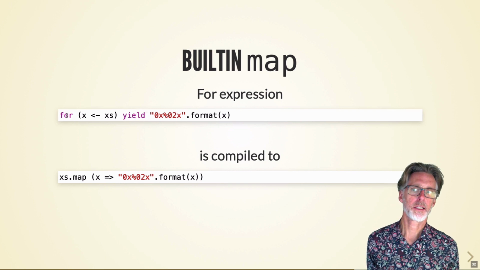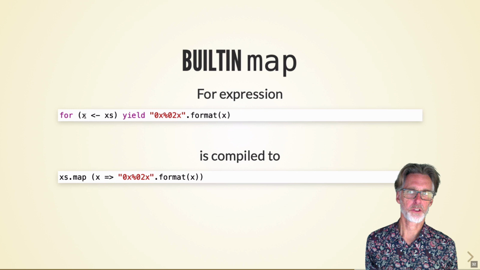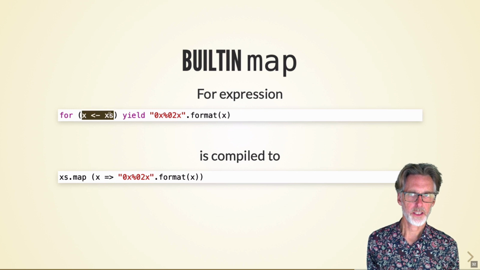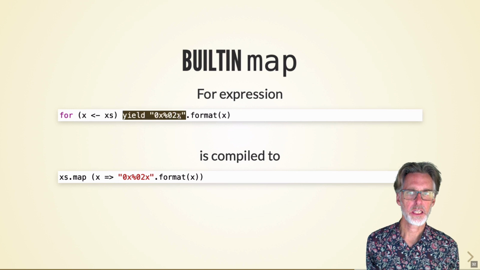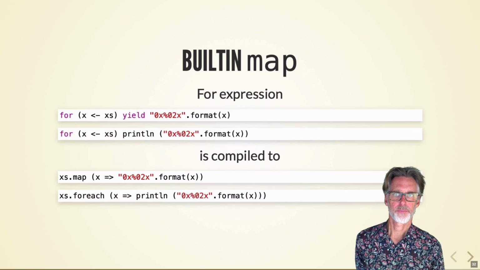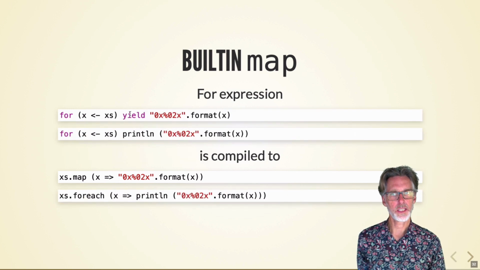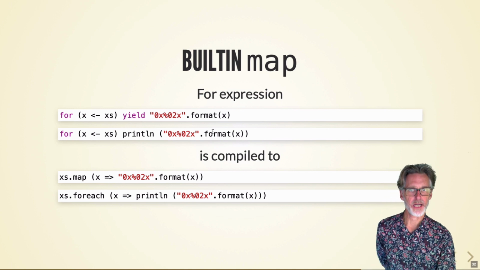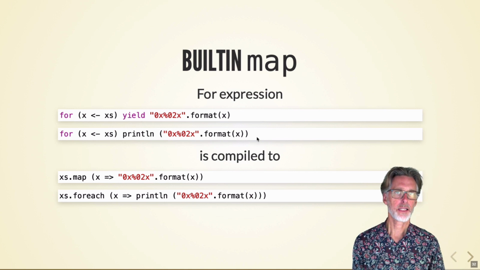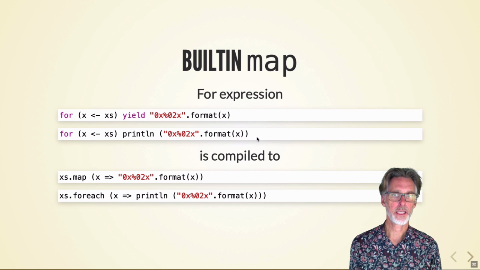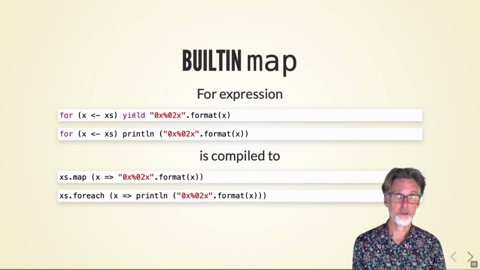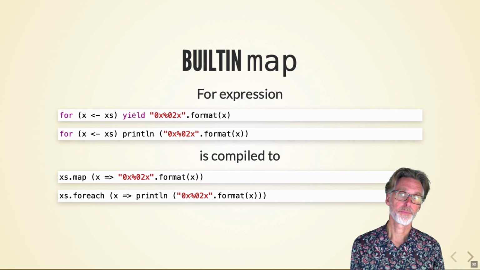So the idea here is that when we execute a for expression, we have an iterator, and now for each value of the iterator, we can yield something. If there is no yield in the body of the iterator, then the iterator is assumed to be a foreach. If there is a yield, then it'll be some sort of map.